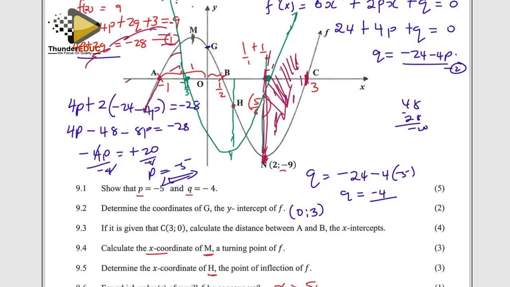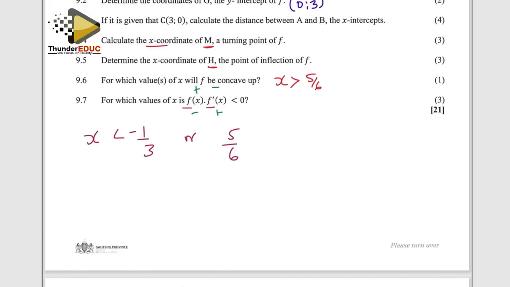Because we're talking about the parabola itself. So I'm going to use this 2, not 5/6, 2 and 3. Between 2 and 3. Not 5/6. So it's 2 less than x and then less than 3. So that's what we have to do.